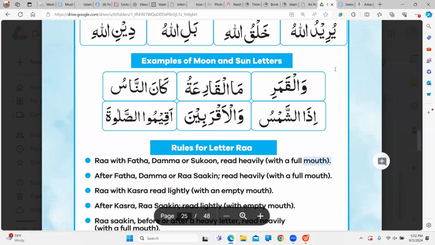Here they're just showing the difference when lam is mentioned and when lam is not mentioned. There is a rule, but I guess it's too difficult for a child to understand. So we can skip it for now and just tell them that sometimes you read like this, sometimes like this, and we'll explain later. We can just show them the examples. For now, this is qamari, this is shamsi.